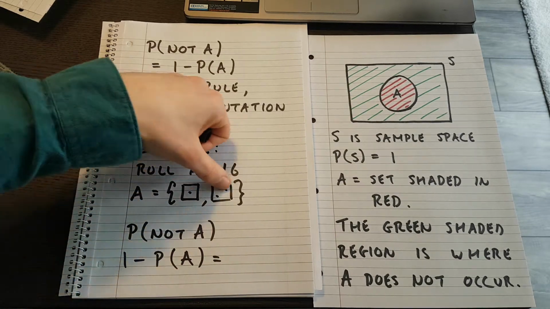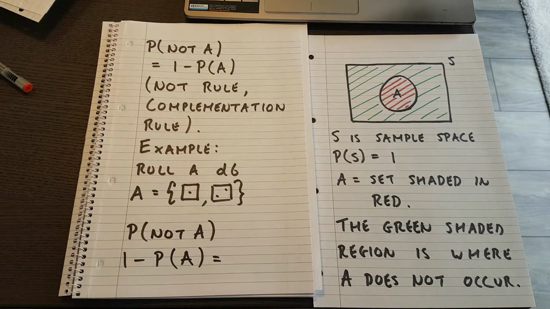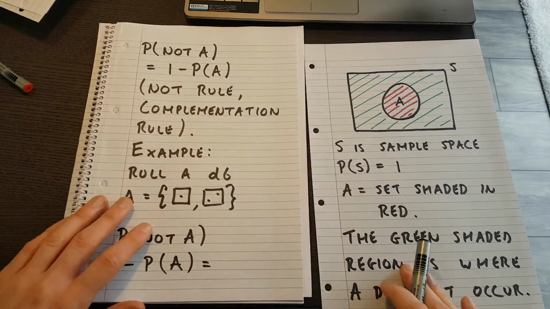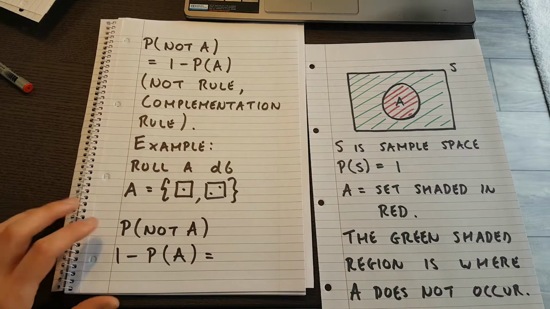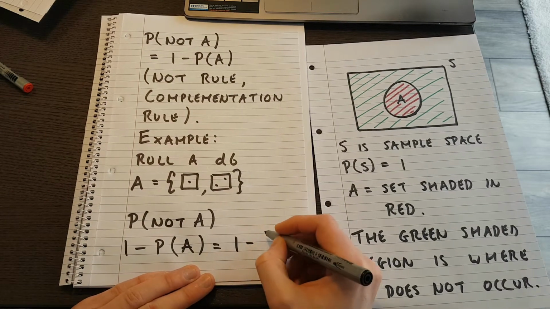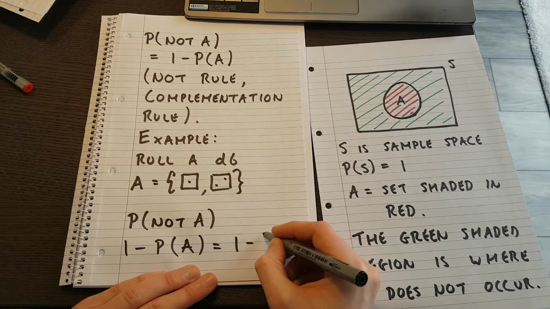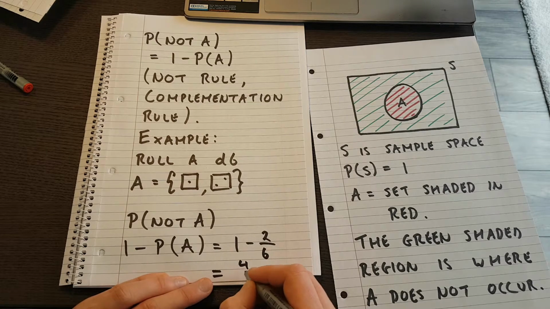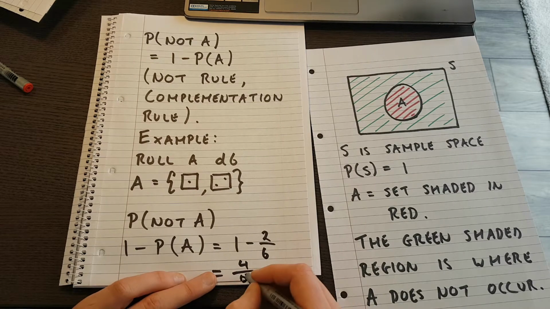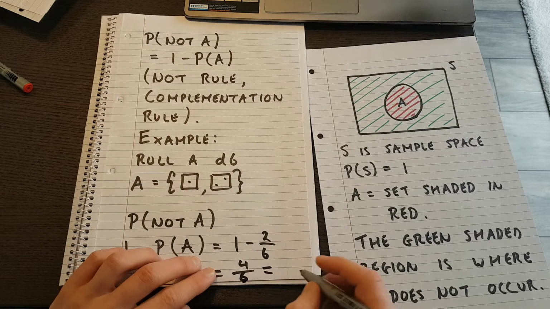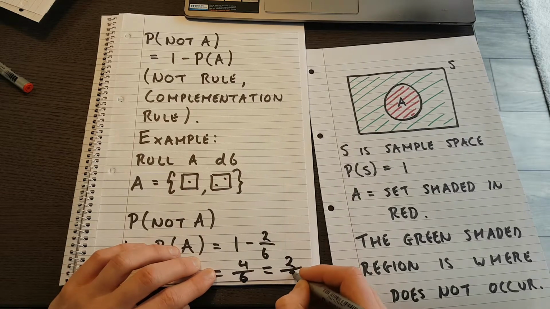If all of the outcomes are equally likely, that is to say the die is fair, then there are 2 outcomes here, and I could go back to using the equally likely outcomes definition. This would be 1 minus 2 over 6, which would be 4 over 6. That's not looking all that good on the page, but that's 2 over 3.